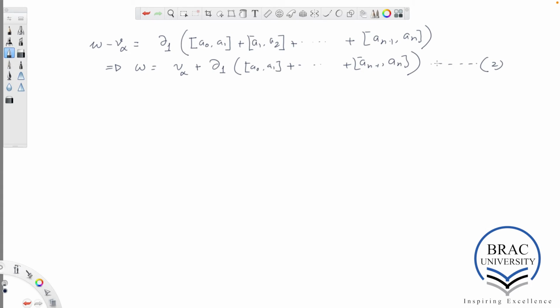So from this equation number 2, one finds that the zero chain W is homologous to the zero chain V alpha.